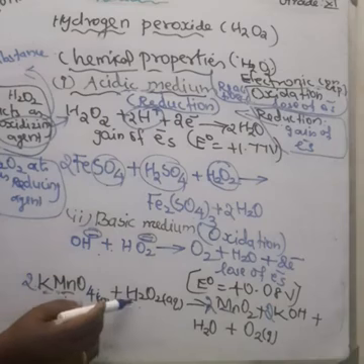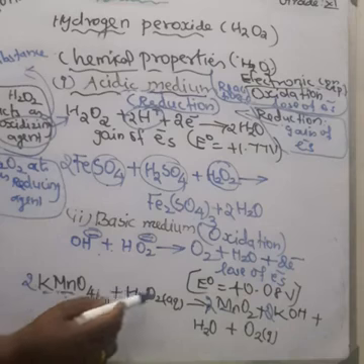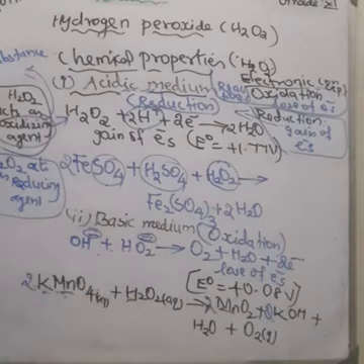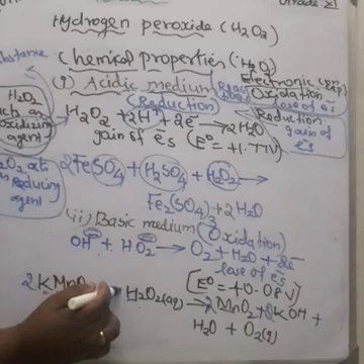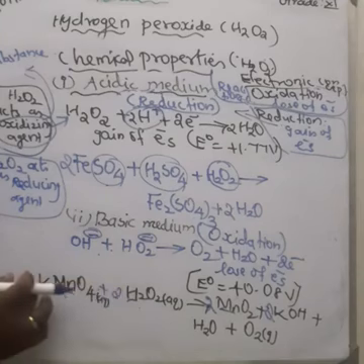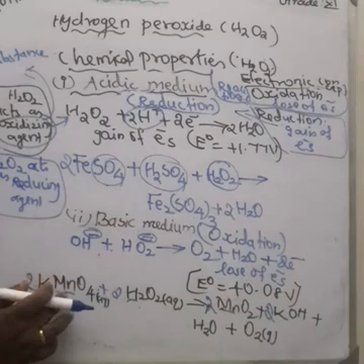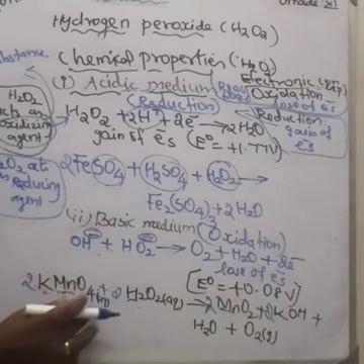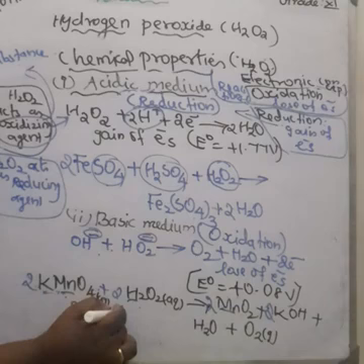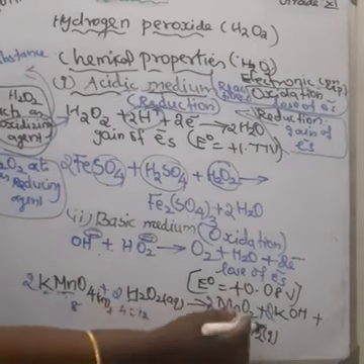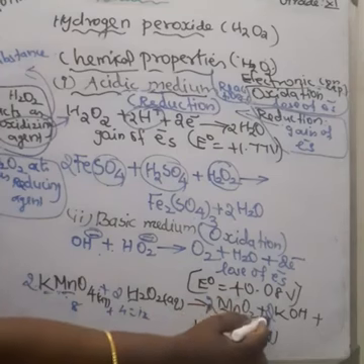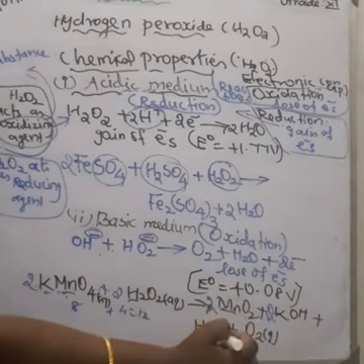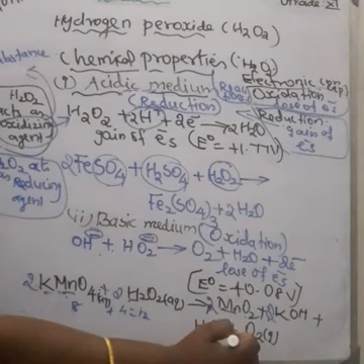Hydrogen: 2 twos are 4. There also 2 plus 2, 4. Okay, oxygen: 4 twos are 8, 8 plus 4, 12 oxygen atoms. But on the other side, 2 twos are 4, 4 plus 2 6, 6 plus 1 7, 7 plus 2 9 oxygen only, so we have to make it 2.